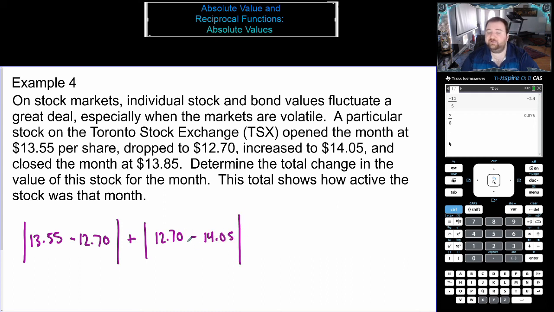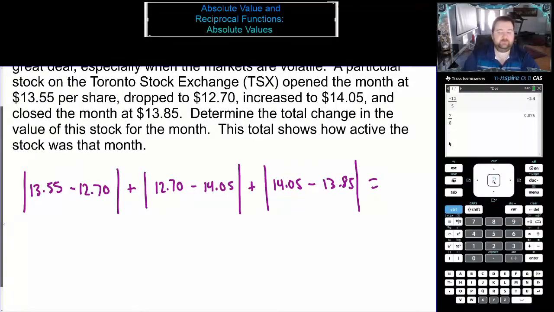So again, this looks like it's going to become a negative number, right? We're looking for the difference between the two, but we're going to turn it positive with the absolute value signs. So that's fine. We're just looking at the difference between the two. And then the last one is we started at 14.05 and we finished the month at 13.85. And so again here, it's going to be negative, but it's going to become positive.